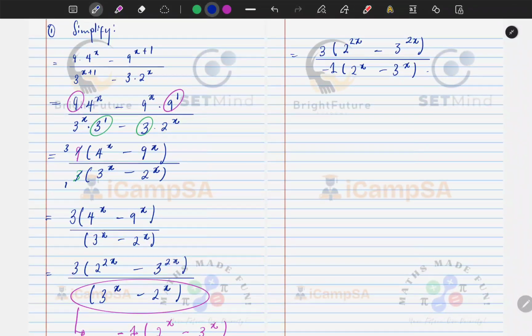If I look at both these, now it almost looks similar, but the difference is the exponents. So I want you to take note of this.